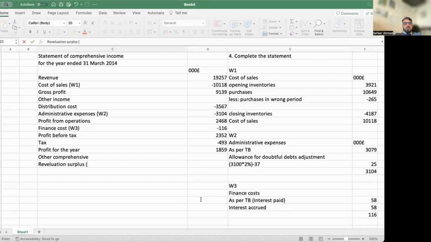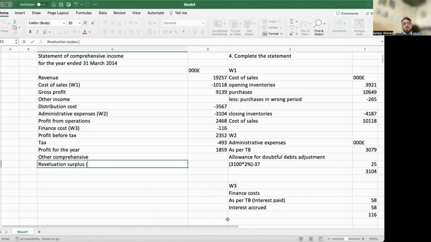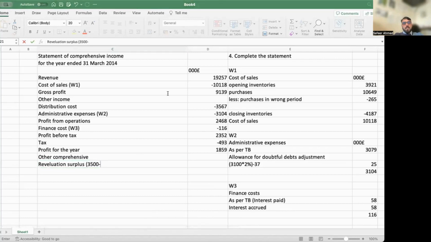Okay, so if you look into that, this is just the second bullet point there. It says the land has been revalued by professional valuers at 3.5 million. The revaluation is to be included in the financial statement. So that's what we need to do. The revalued amount of the land is 3.5 million minus the carrying amount.